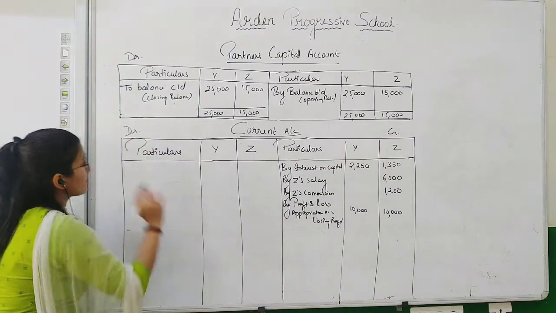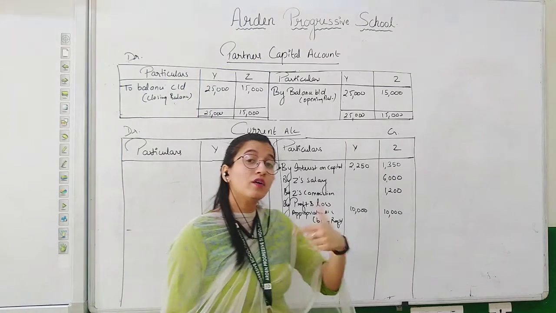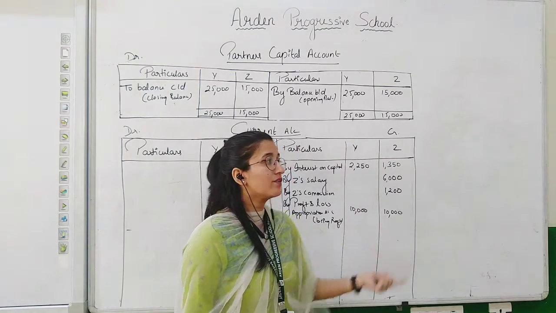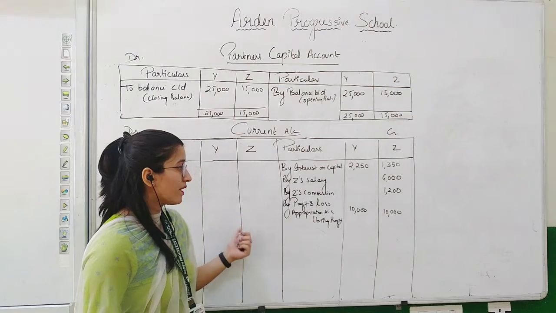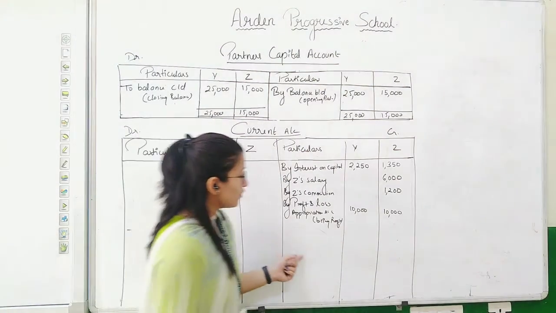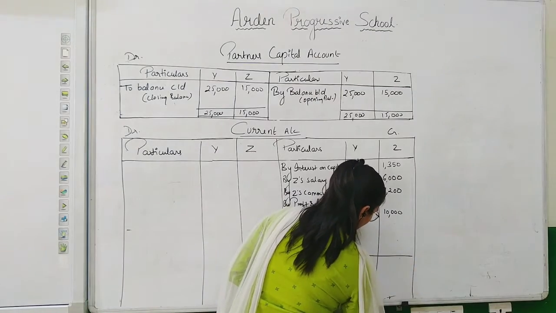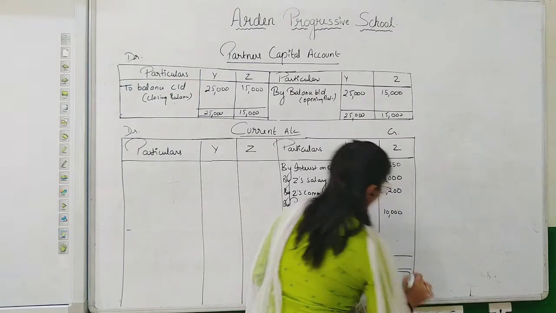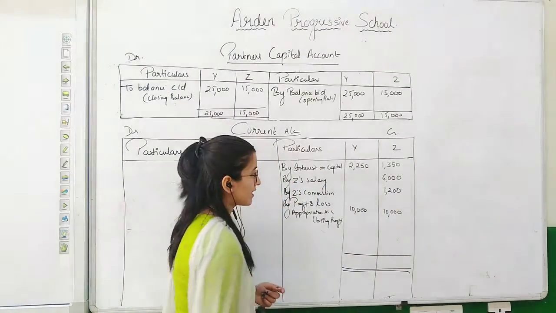Now there is no expenses for the partner. Partner has not made any drawings and no interest on drawings has been charged to partners. That means there is no expenses for the partners. So we will see the total of both the partners on credit side.